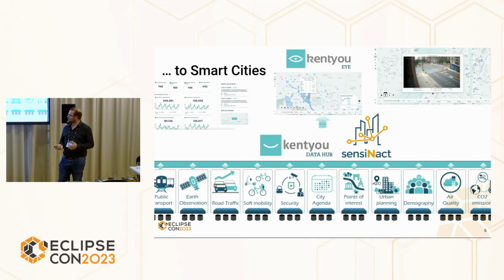And in our company, we use it that way. We get a lot of data from various categories of data and sensors in various ways, various protocols, more or less abstract. We put them in Kentyou Data Hub, which is in fact an Eclipse SensiNact version with more providers. And we put that in the cloud and do some analytics, and we make your city smarter with that.